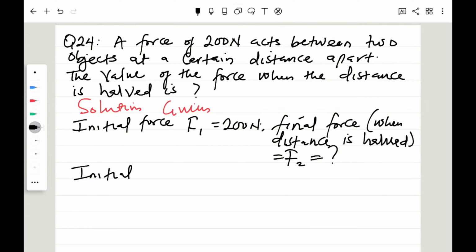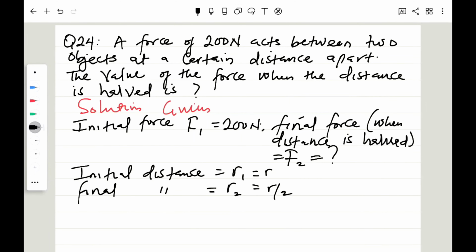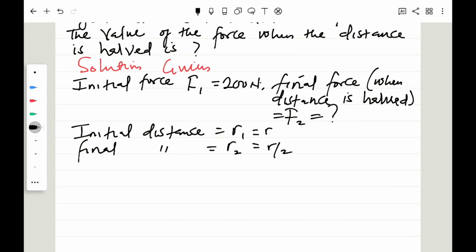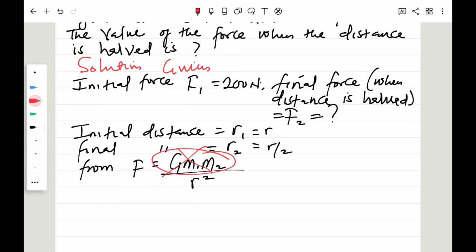So our initial distance is equal to, what is it from here? If you observe your question, our initial distance is R1 and is equal to R. Then our final distance is R2 and is equal to R over 2 because it is halved. Exactly. So from F is equal to GM1 M2 over R squared, we don't need GM1 M2. Okay?